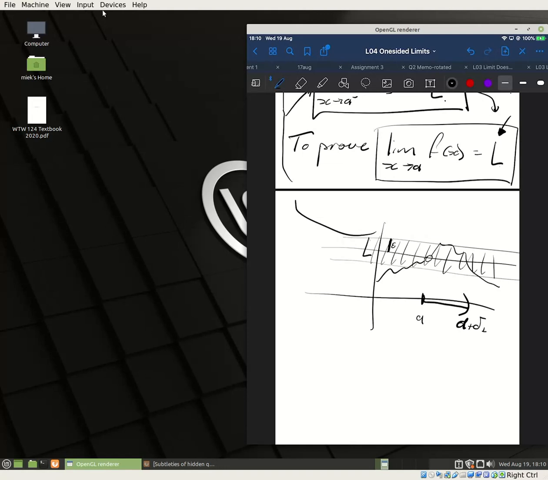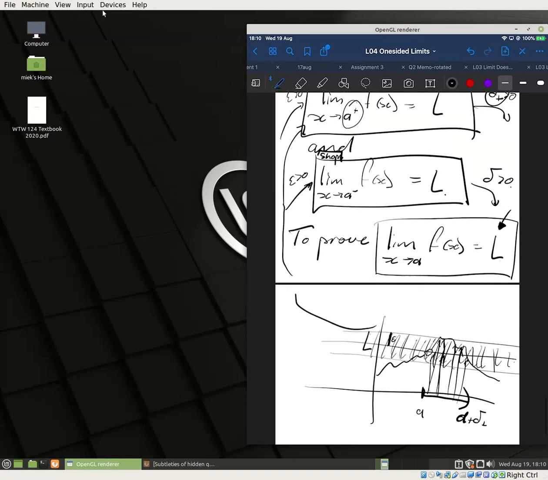So all the values of x in here, all the function values take values inside of this strip over there.